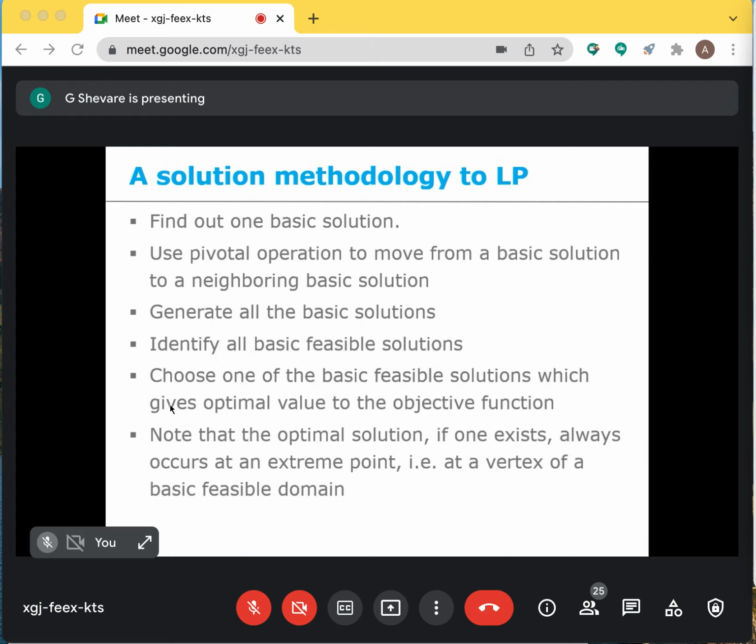So you will have several more solutions, depending on how many times you keep doing it. You will generate many basic solutions, and some of those will be basic feasible solutions. Now for each one of these basic feasible solutions, find out the cost.